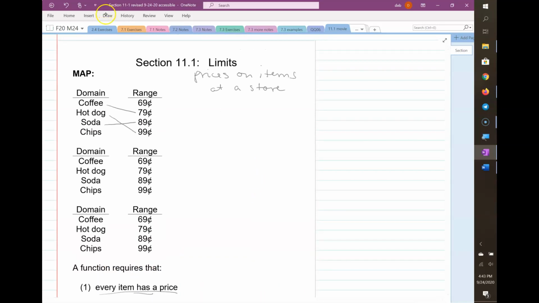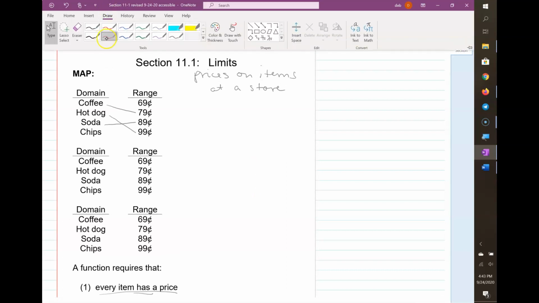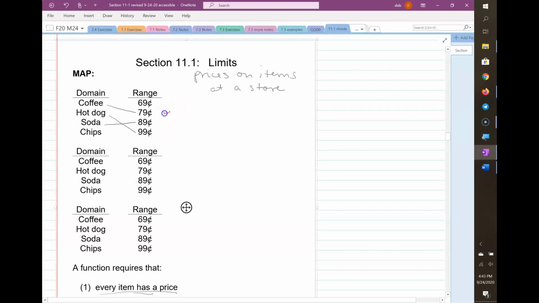So this map fails the first test, because every item doesn't have a price. So this is not a function.